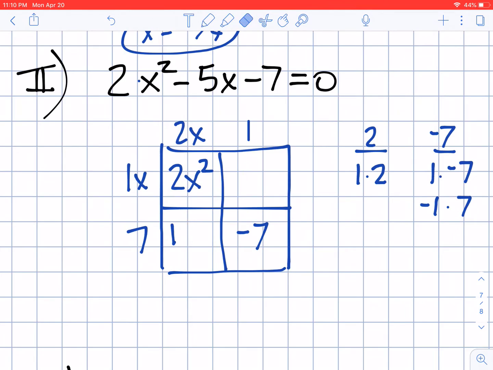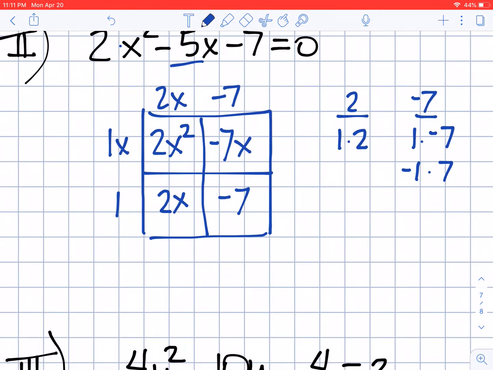So let's flip these around and put the 7 here and put the 1 here. Now we've got a 2 and a 7, and that's good news, because I think I can make 2 and 7 give me negative 5. If we make the 7 negative, so that means that's got to be 7. Again, don't forget there's got to be an x here, and there's got to be an x here too.